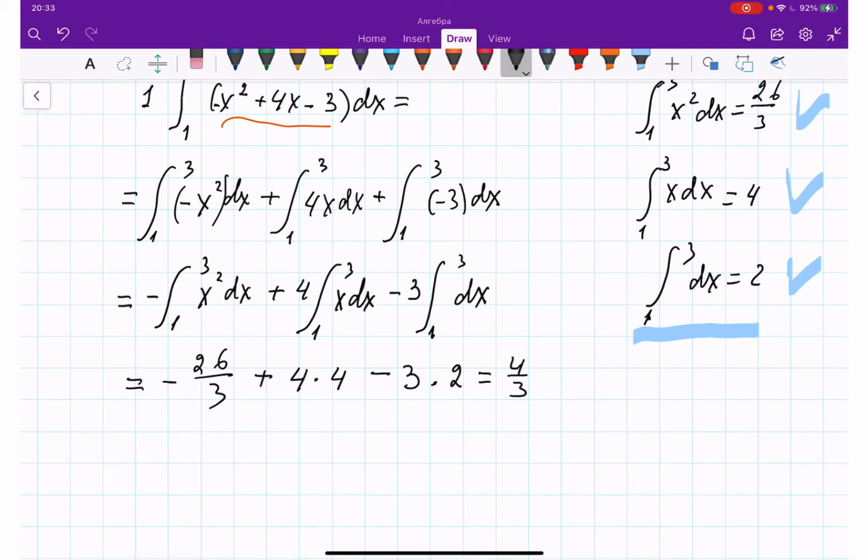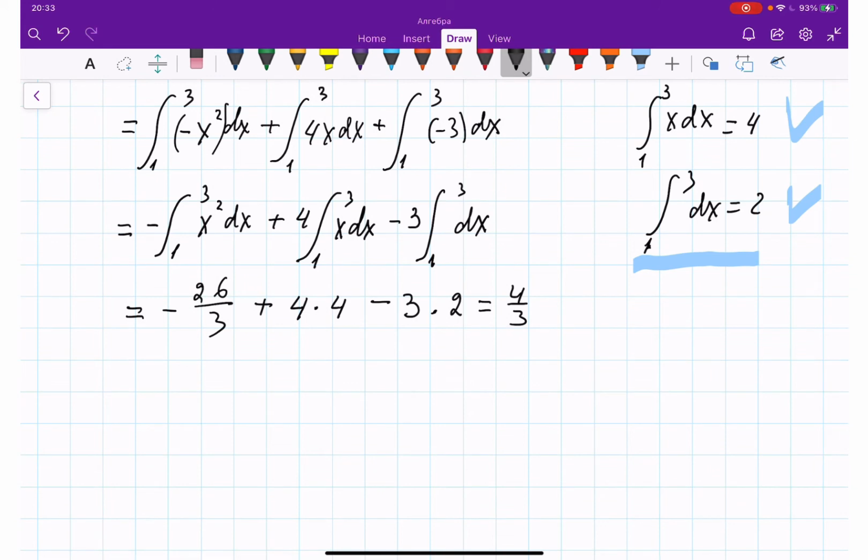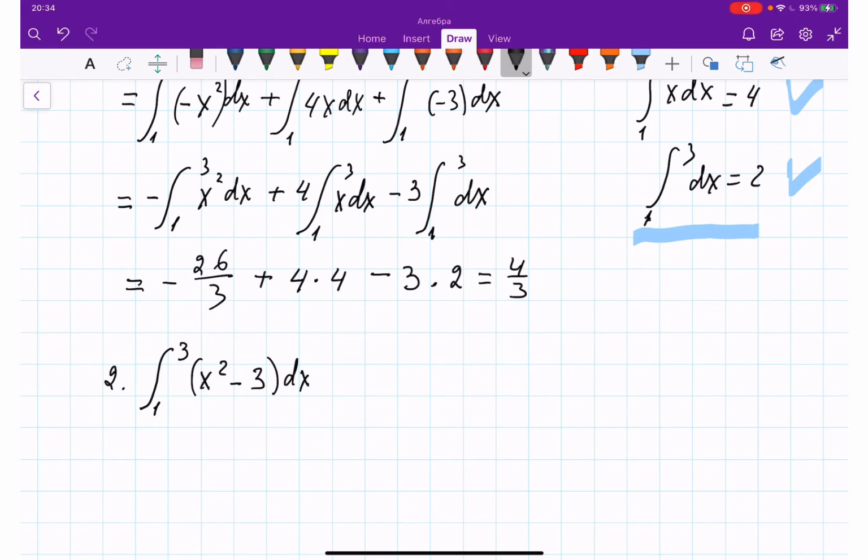Next, we have the definite integral from 1 to 3 of x squared minus 3 dx.